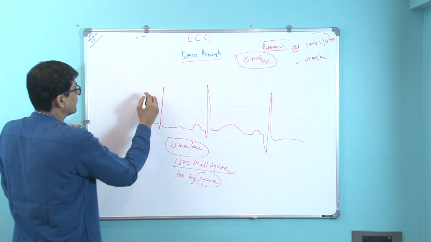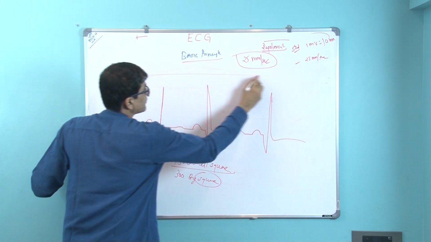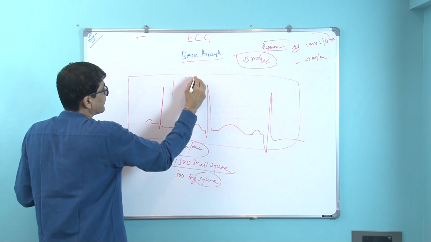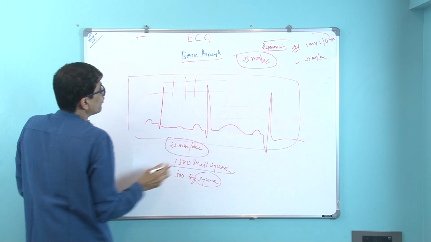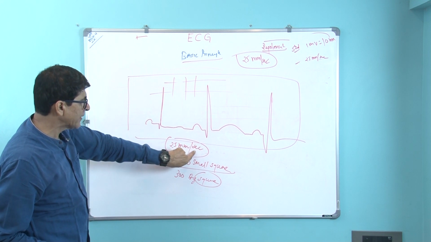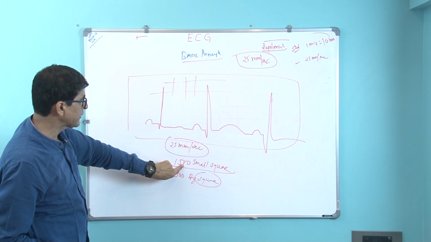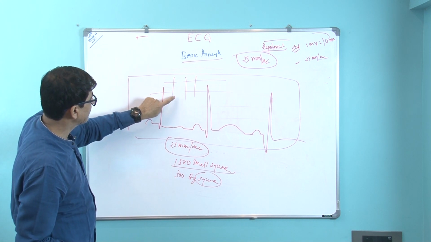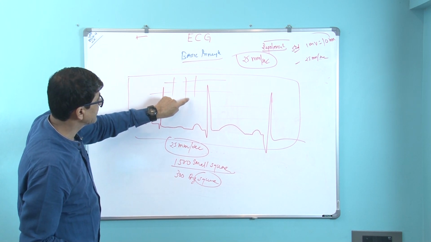So there is a background, this is ECG paper. What you do is 25 into 60, because in 1 second it is 25, in 60 seconds it will be 1500 small squares. So this is 1500 lines in 1 minute.